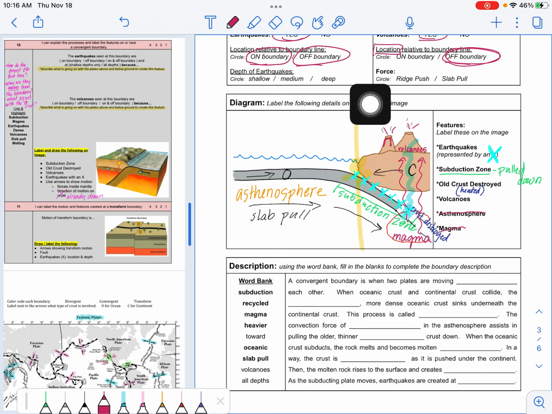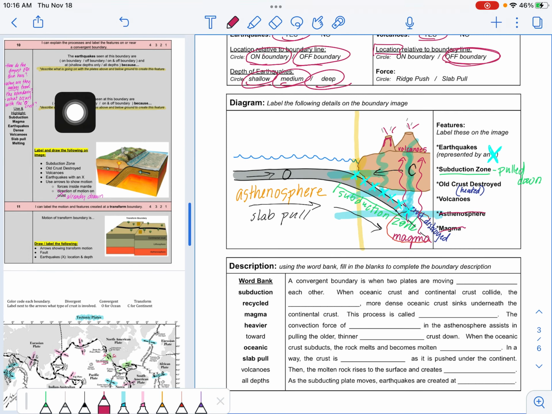Same thing with depth. Earlier in divergent, we saw them happening mostly right on the surface. They were shallow. But here I'm getting earthquakes right on the boundary, shallow depth, medium, a little further from the boundary, and the deepest happen the farthest away from the boundary. And again, it all goes back to that subducting plate. I'm getting the earthquakes happen everywhere along that boundary.